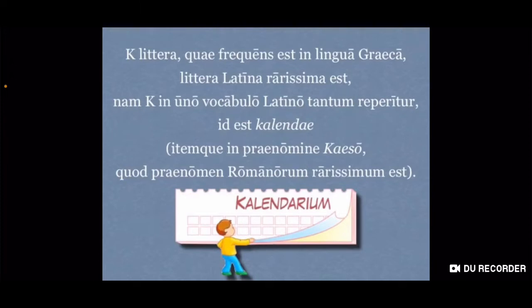K, the letter K, which is frequent and common in the Greek language, is the rarest Latin letter. For K is only found in one Latin word, that is Kalendae.